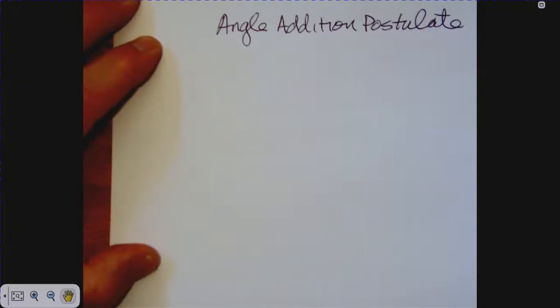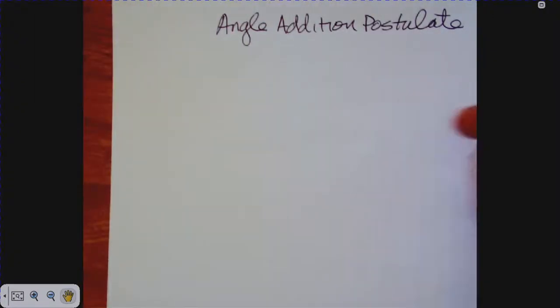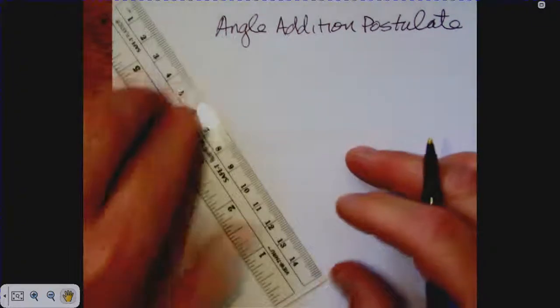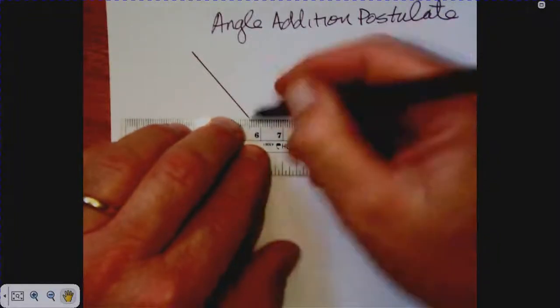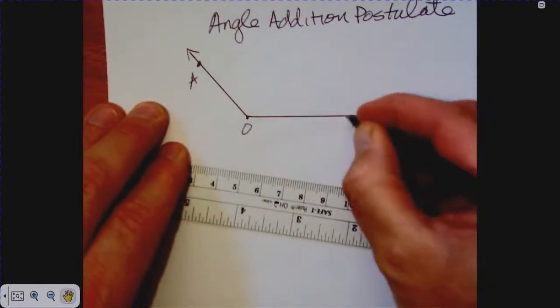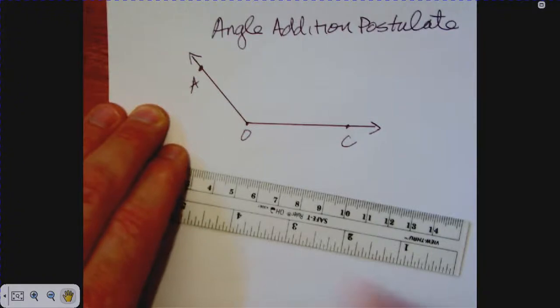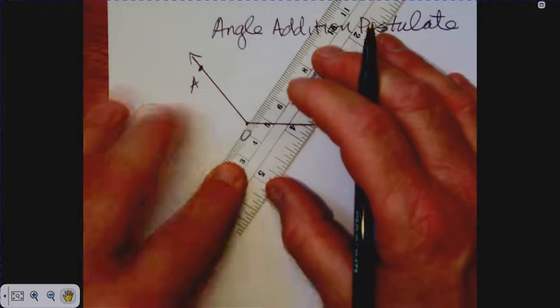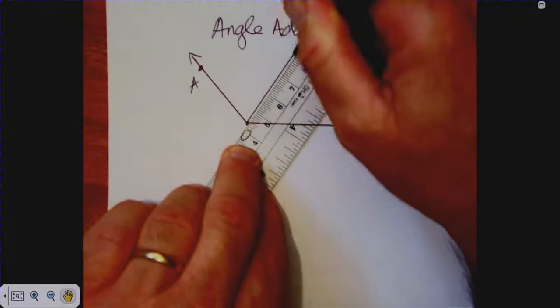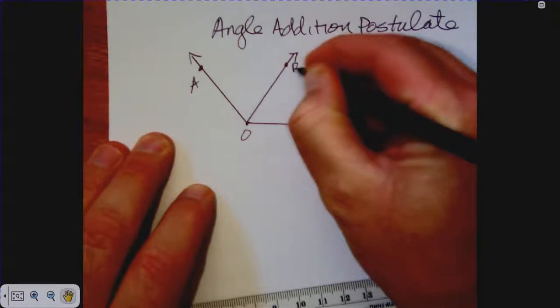Basically this says, and I'm going to draw it similarly to what is in the book and most books, I have a big angle AOC. So this is going to be A, this is going to be O, and this is going to be C. So that's AOC. And I have another ray with the same common endpoint, B, and I'm going to label this B.